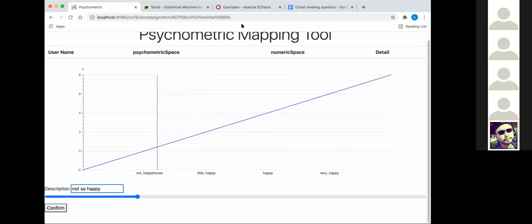In that case, if strongly disagree is 0, then disagree should be 2, to show more difference, for example. Do you get it?